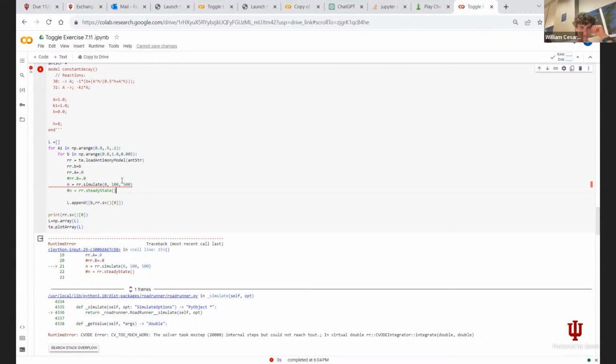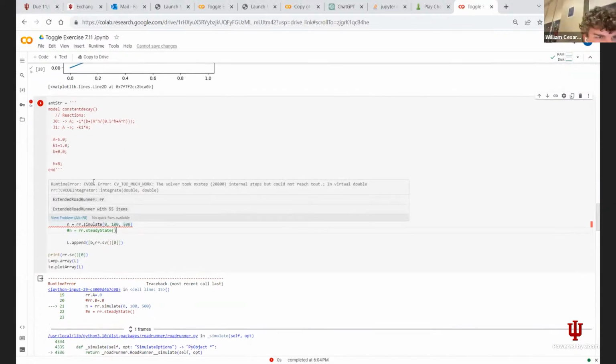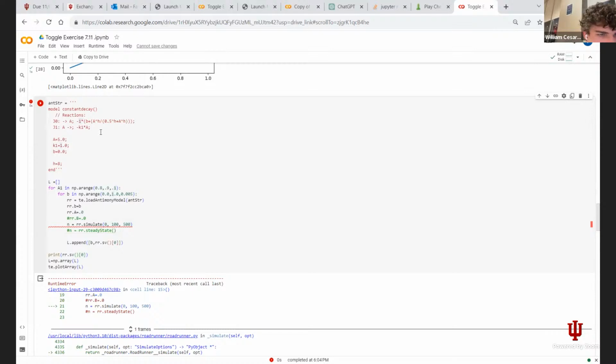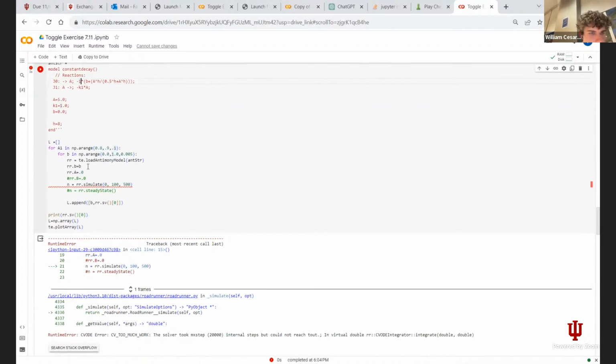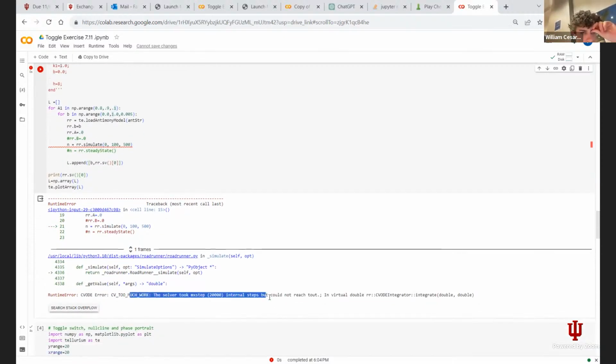It didn't find a steady state, it looks like.